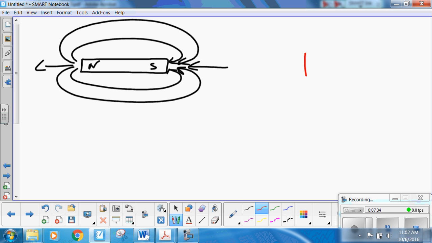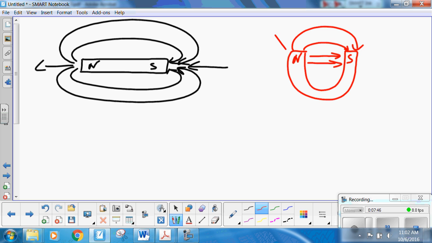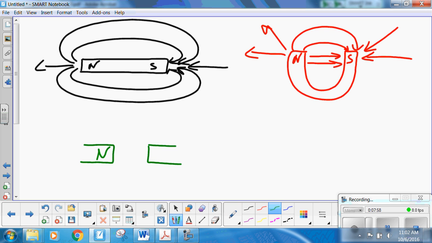Now, if we do a horseshoe magnet, north, south, inside we get a fairly uniform field, but outside, and of course, like poles repel. You've all played with this. So it goes something like that. And note the field lines don't cross, ever.